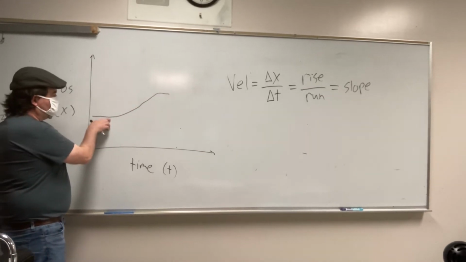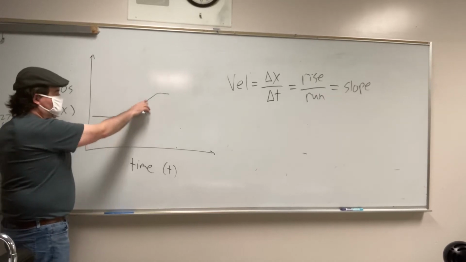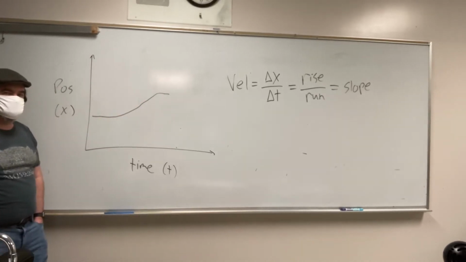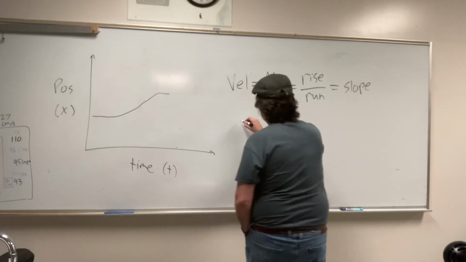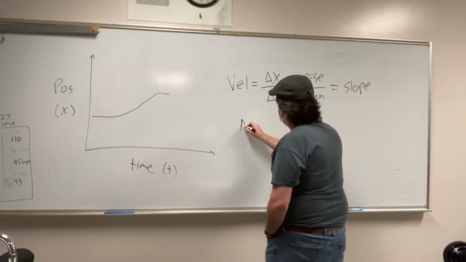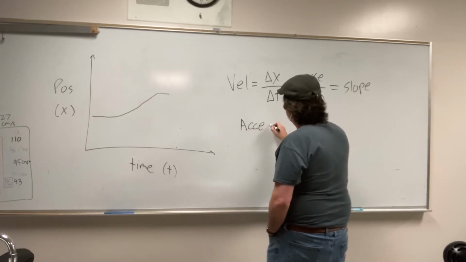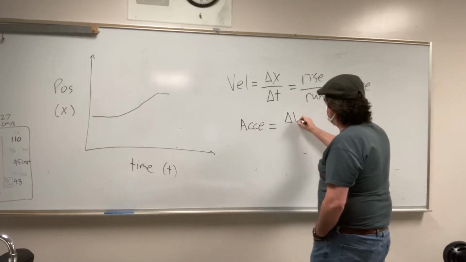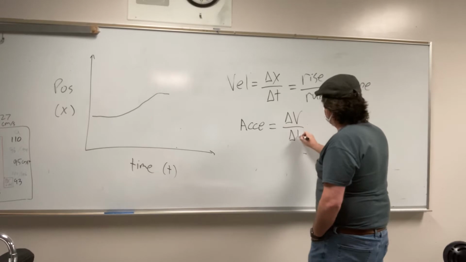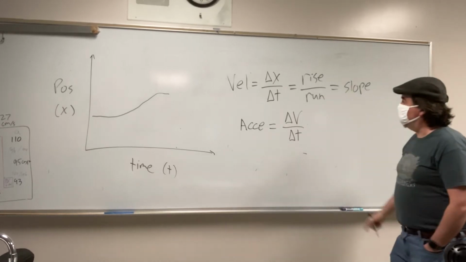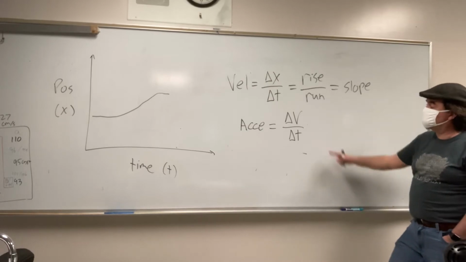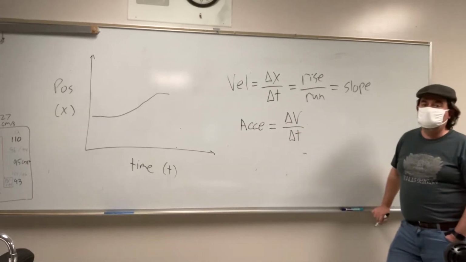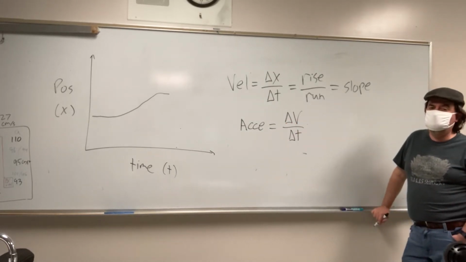Also, note the curvature. What does that tell us? Well, let's consider that acceleration is defined as delta v over delta t. Now that is not so simply understood as being just the slope, because there is no delta v obvious on this graph.